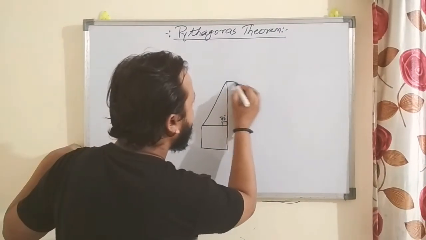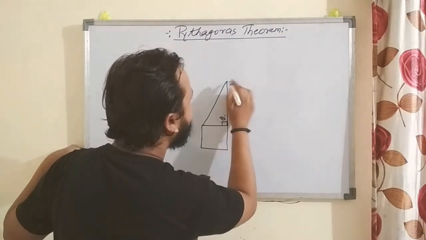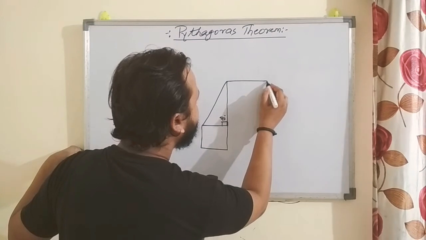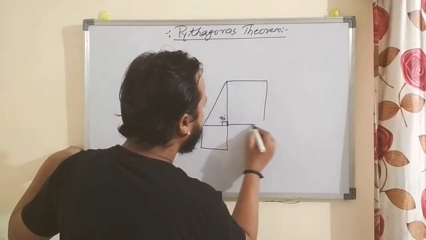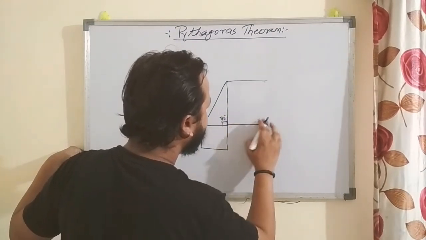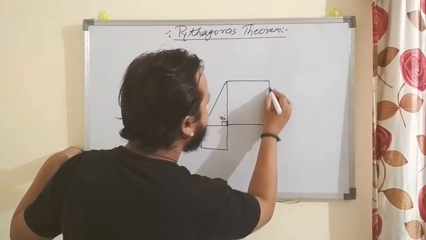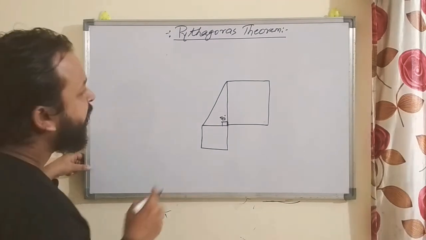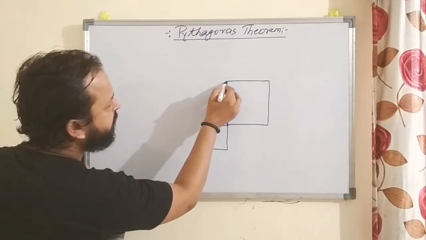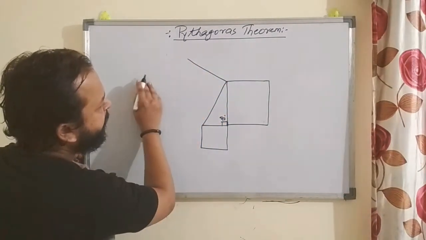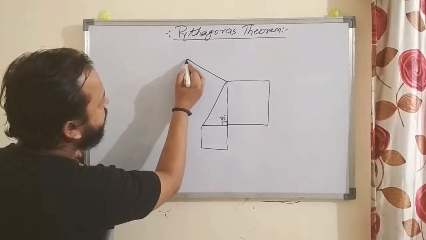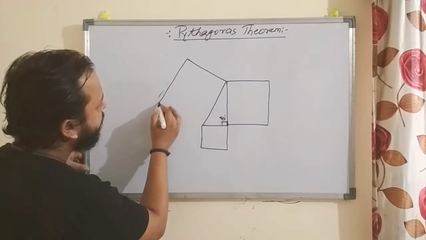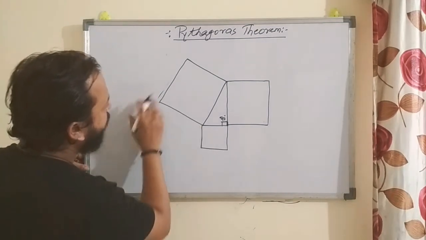And if we make a square on this side, and also make a square on this hypotenuse, right?